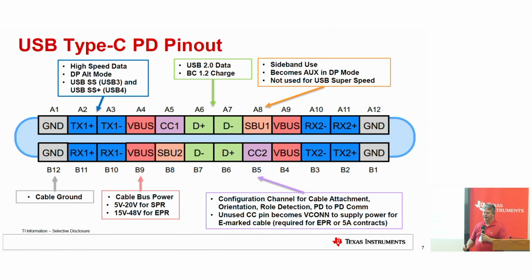If you look back at how Type A worked, you couldn't flip it around. It was keyed so that you couldn't do that. You always had to know how you were plugging it in. And they always keyed all the Type B connectors, whether it was a mini or micro B. So here, they pretty much double the pins, but allow you to flip it around.